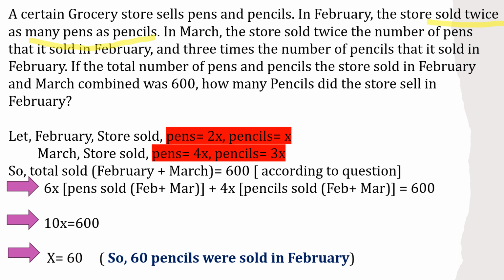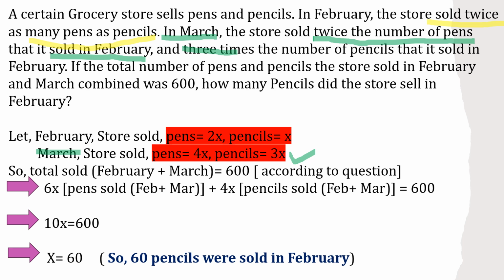In the next part of the question it said twice the number of pens sold in February was the number for March. So March pens will be 4x, and pencils was three times those sold in February. So in March, pencils sold is 3x.